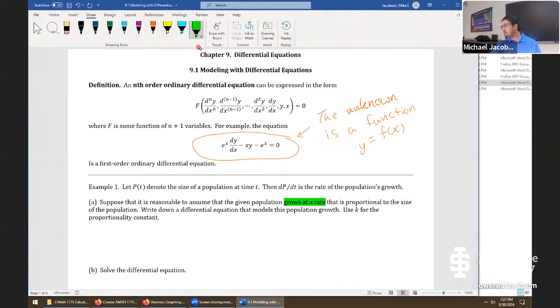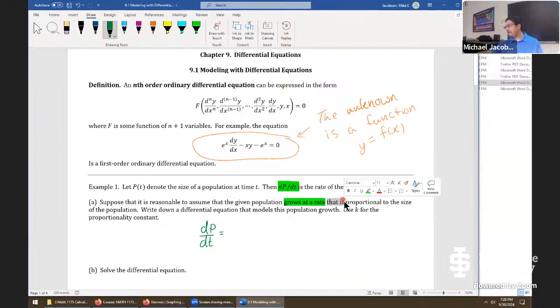So let's take this, dP/dt equals, and that just came from here saying that the population grows at a rate. The moment they said rate, they're talking about that derivative right here. They say that is proportional to the size of the population.